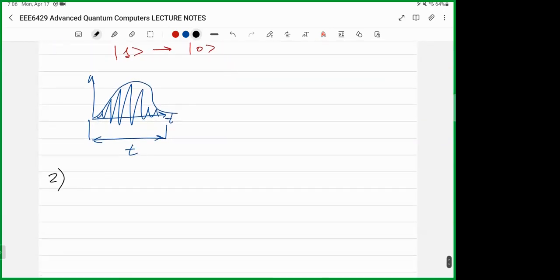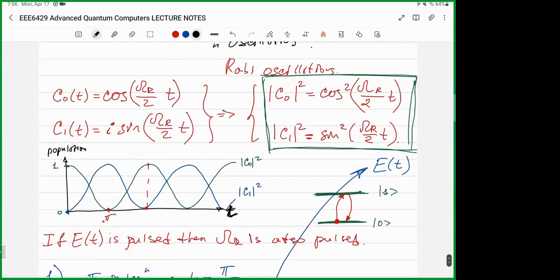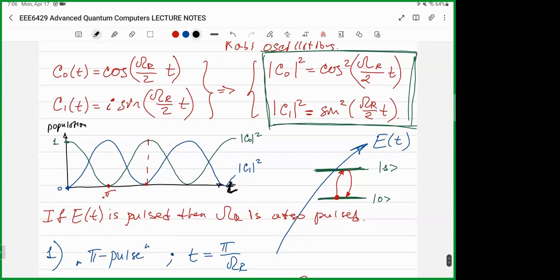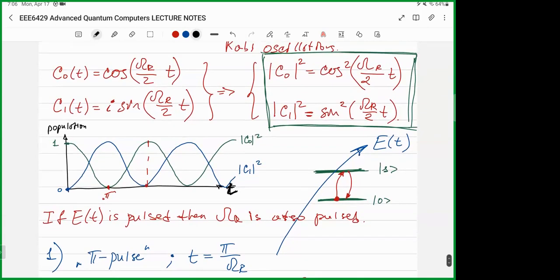And the second type of pulse is the so-called pi over 2 pulse. In this case, the time duration of the pulse is equal to pi over 2 omega R. Again, if I put it here, I will get, oops, no, I will get 1/2 for the first one and 1/2 for the second one.